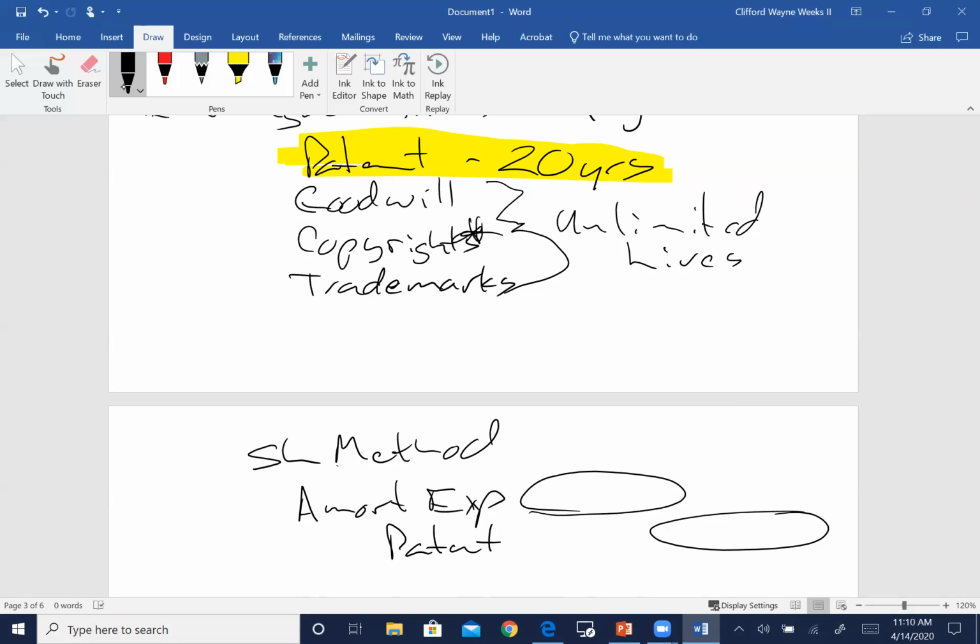We use the terminology for the specific items, but it's the same concept. It's the matching concept. We are trying to match the cost of these assets against all the revenues that these things are generating for us.